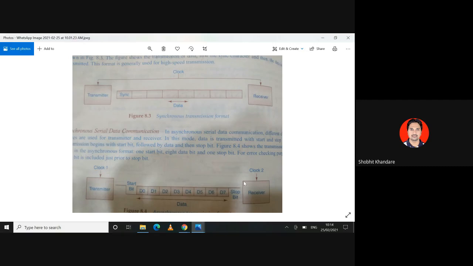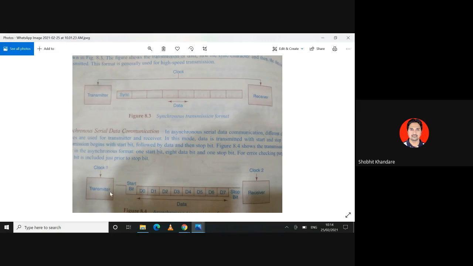Even though the speed doesn't match, even though there is no synchronization, with the help of the start bit and stop bit, the receiver will come to know and receive the data: between the start and stop bit, these are the actual data. And everything is sent or transmitted serially, because we are understanding this in serial communication.